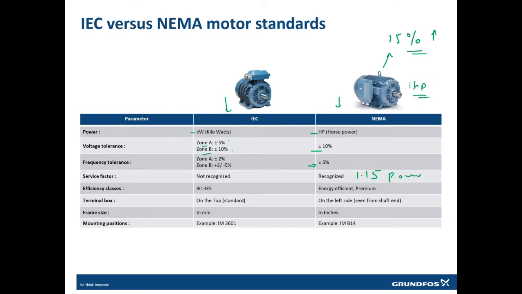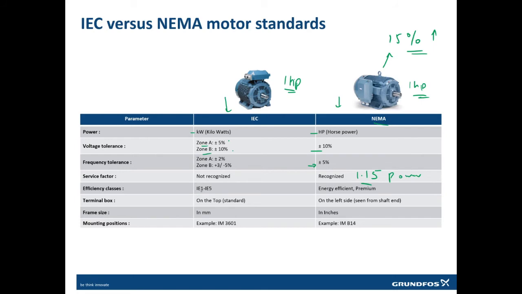Whereas in IEC, if it is saying 1 horsepower, then it is 1 horsepower. There is no extra in it. So if you are buying a NEMA motor, you don't need to oversize anything else. But by default, humans have a nature of oversizing anything. So you are oversizing on oversizing.